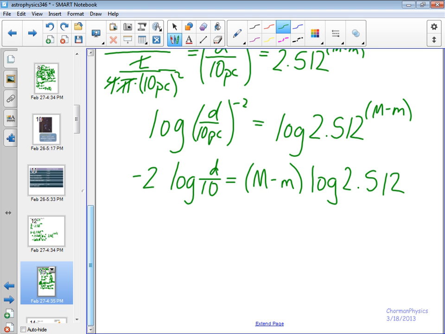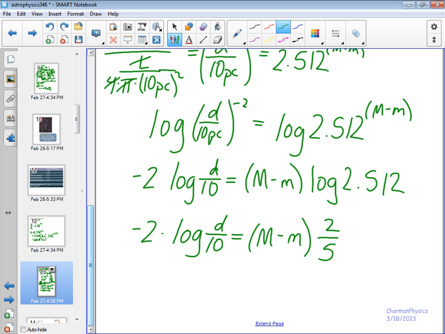Since before we had shown that this is base 10, we know that this is the 2/5 power, since it's 1/5 from 100, and 100 is 10 to the second. So we can rewrite this as the following.